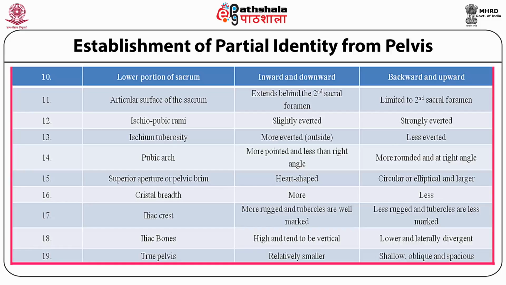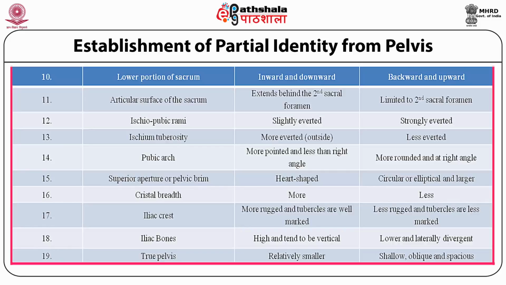The ischial tuberosity in males is more everted, whereas in females it is less everted. Crest breadth in males is more, whereas it is less in case of females.